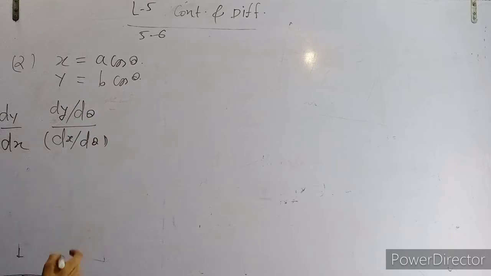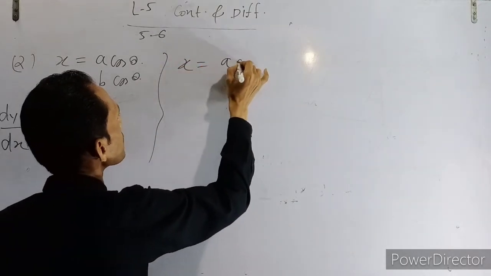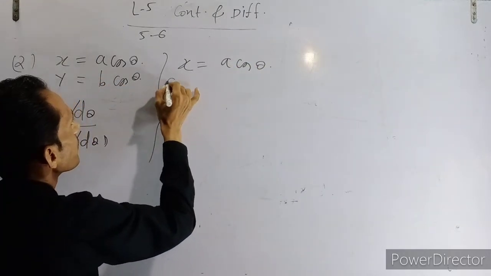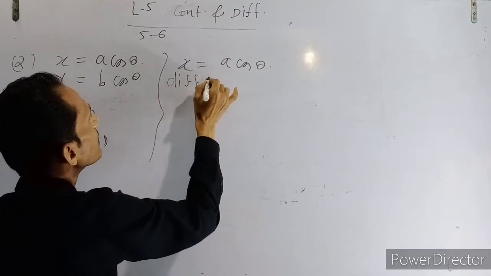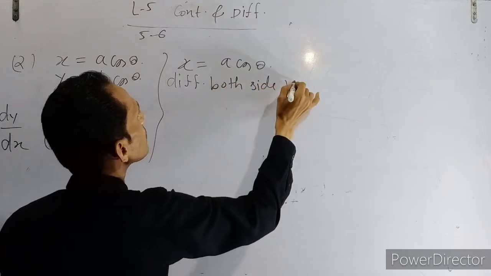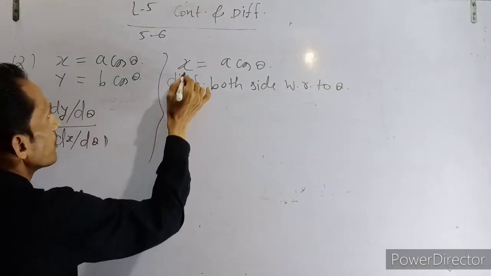So now take one by one. x equal to a cos theta. Differentiate both sides with respect to theta. So what will come?